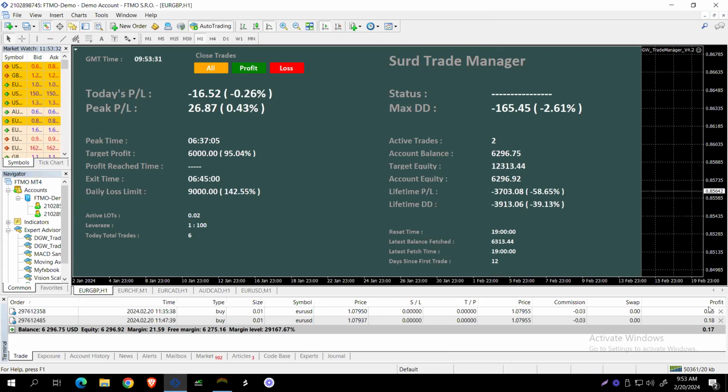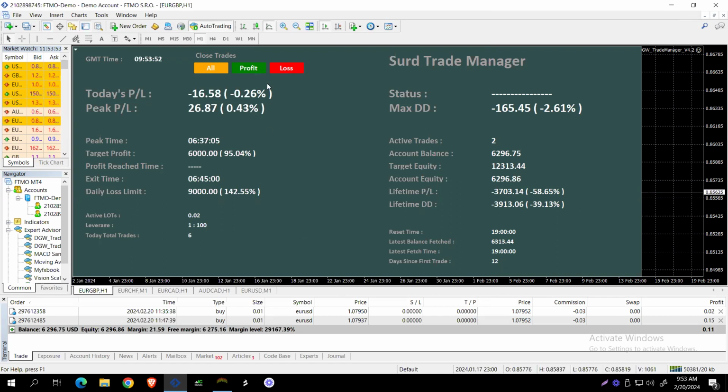Now, we are running two trades already, right? This is a close trade button. If we are running at loss, I can just click on this one and it will close any trade that is in loss.